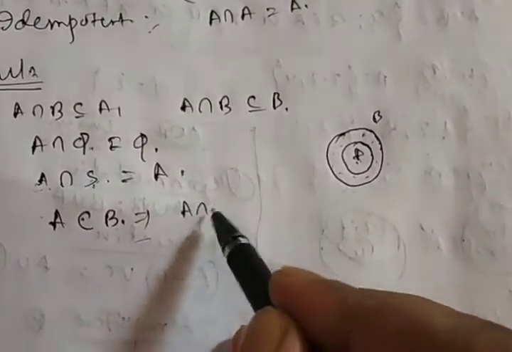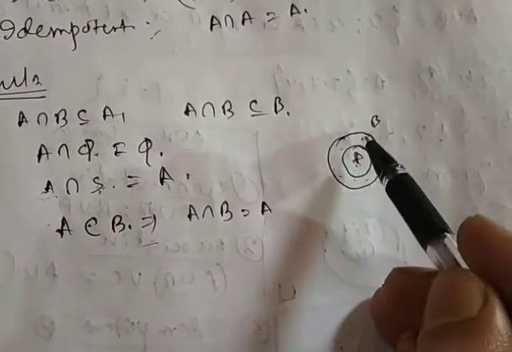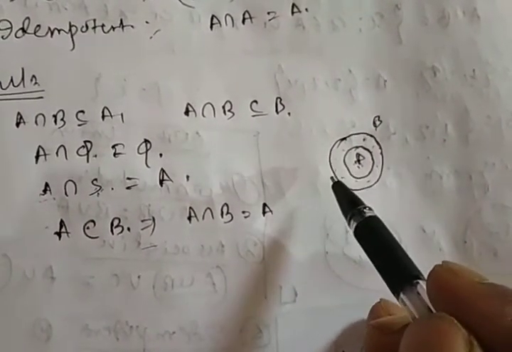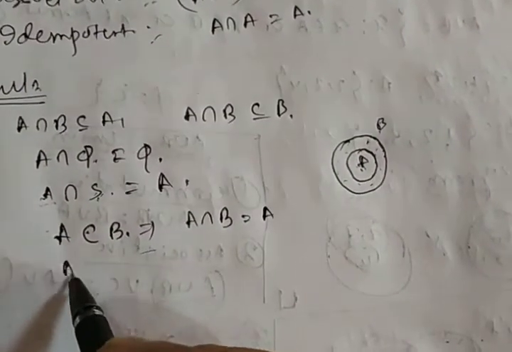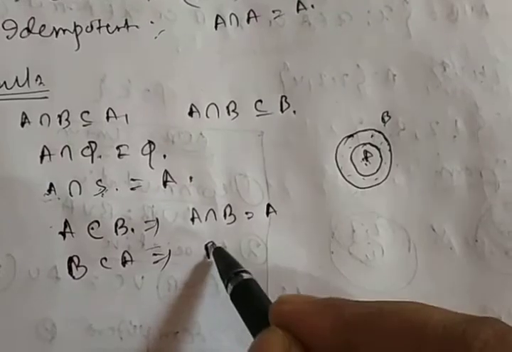Then A intersection B will be only A. The common elements of A and B will be the set A. Similarly, if B is a proper subset of A, then B intersection A will be B.